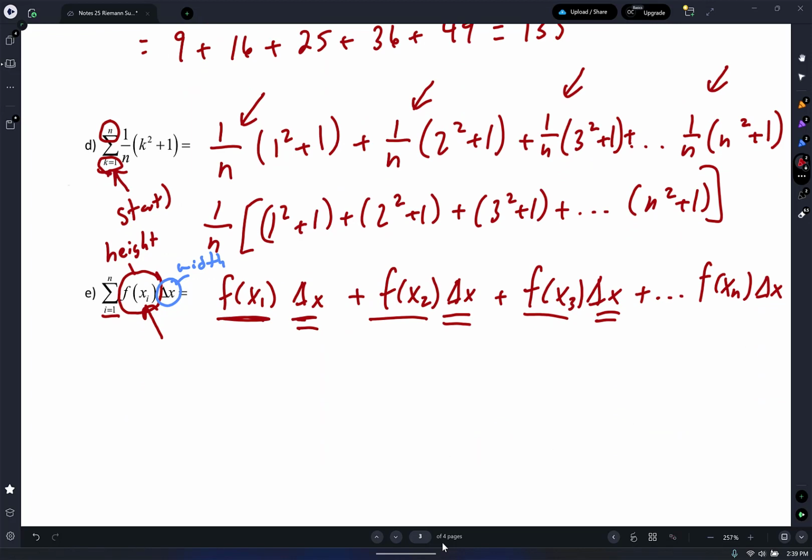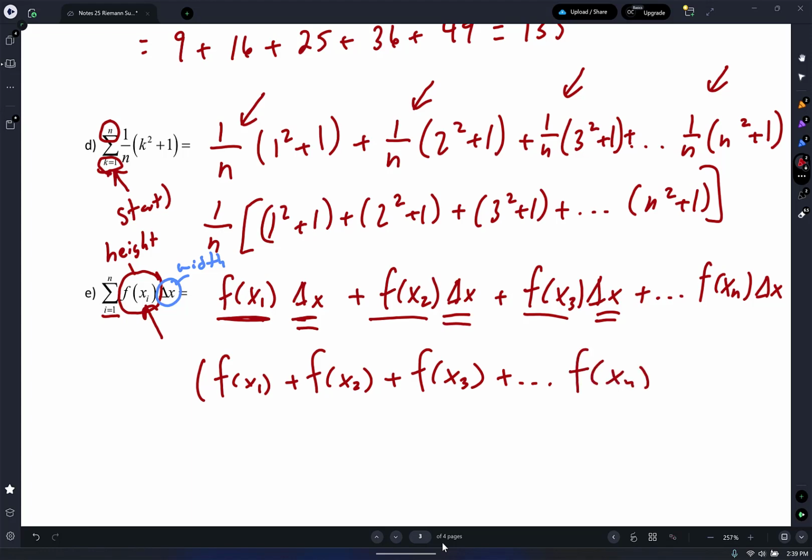Well, you can factor out the delta x just like before, and I'm going to put it in the back this time. Parenthesis, f of x1 close, plus f of x2 close, plus f of x3 close, plus dot, dot, dot, f of xn close, delta x.